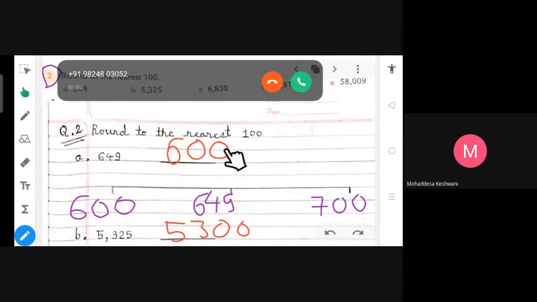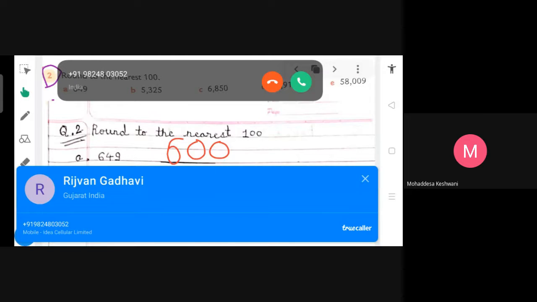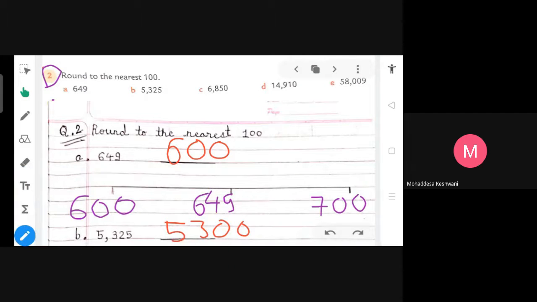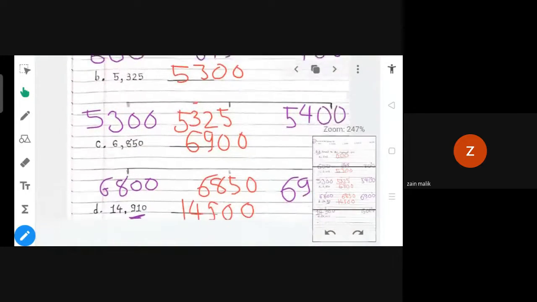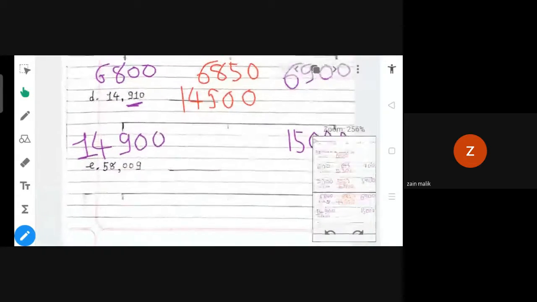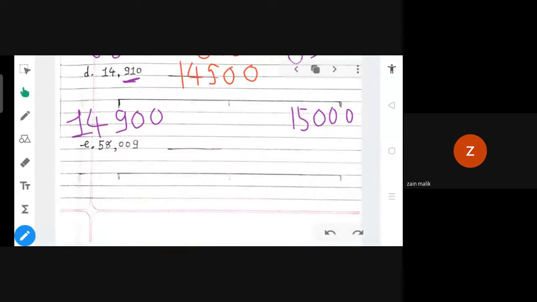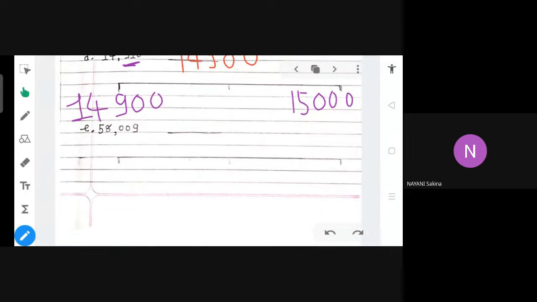Then you have to see which number the question is nearest to, this number or this. Okay, you understood this question? Yes or no? Yes, ma'am.